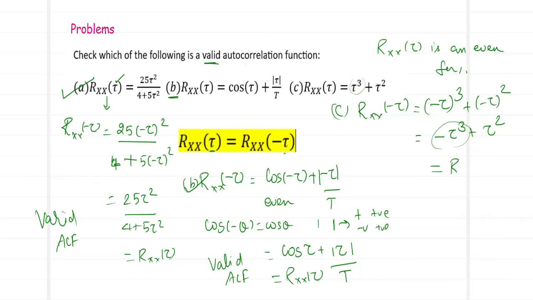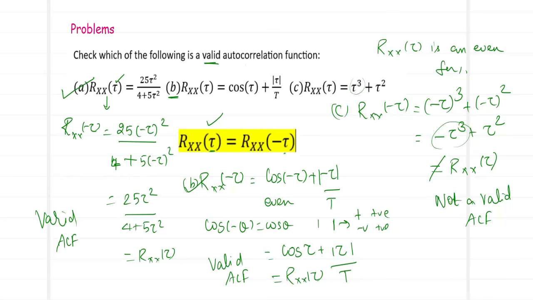So, can I say that it is the same as my Rxx of tau? No, it is not going to be the same as Rxx of tau. So C is not a valid autocorrelation function. So this property, namely that the autocorrelation function is an even function of tau, will help you identify whether the given function is going to be a valid autocorrelation function or not.